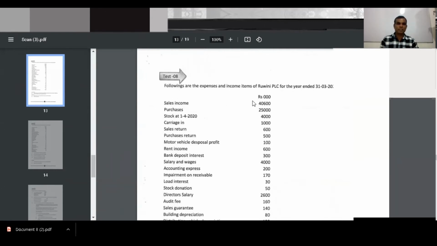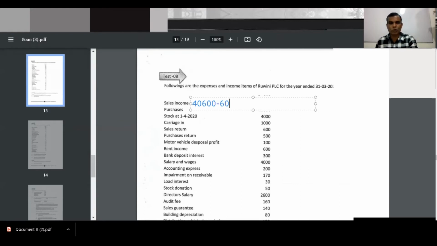Sales in the income statement, you can take as 40,600. Without taking it to the column, you can write it here, because you see there is a sales return. So in the income statement, you can write 40,600 minus the sales return of 600.